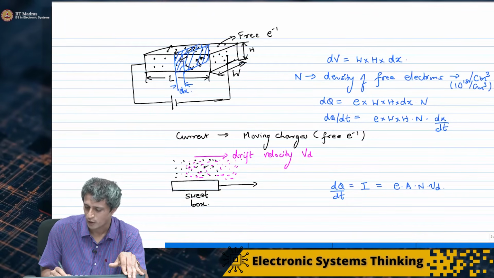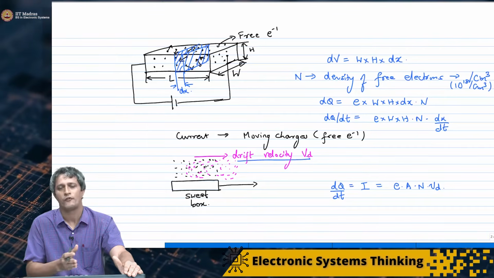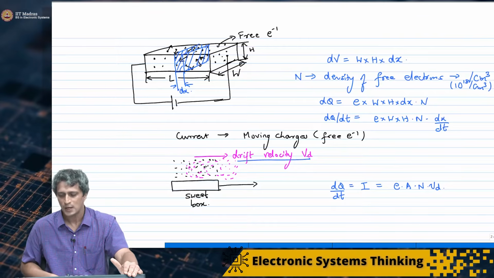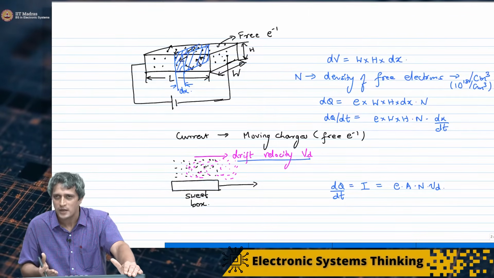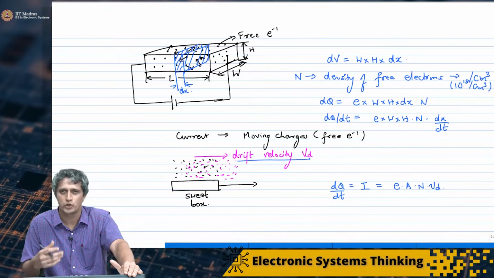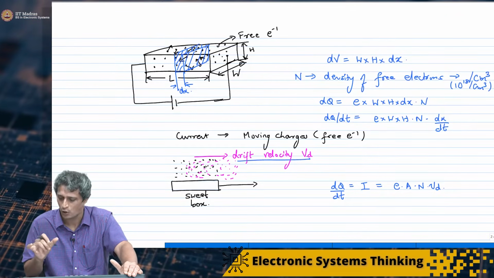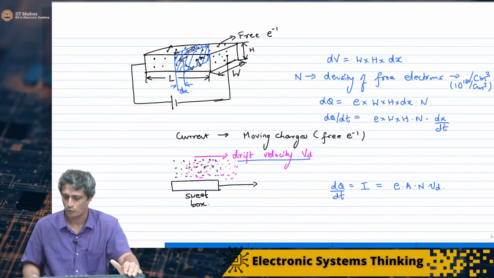Remember, this drift velocity is exactly analogous to what the flies would do if you drag that sweet box, right? So this gives you an estimate for the current straight away. Later we will show you how you can estimate the resistance of a conductor also in a similar manner by taking this derivation forward.